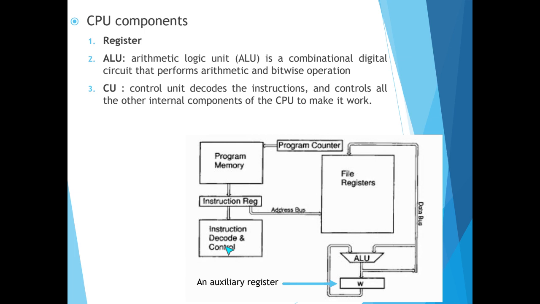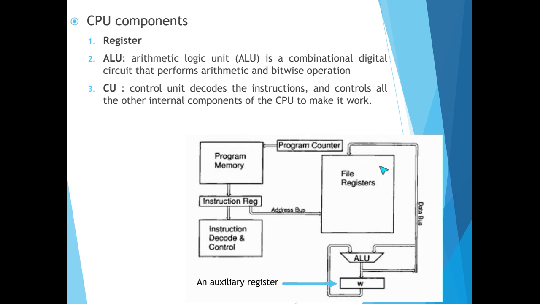Now I want to talk about them. What is the ALU, which is placed inside the CPU? These components aren't related to the microcontroller itself. They are actually related to the CPU, which is placed inside our microcontroller.